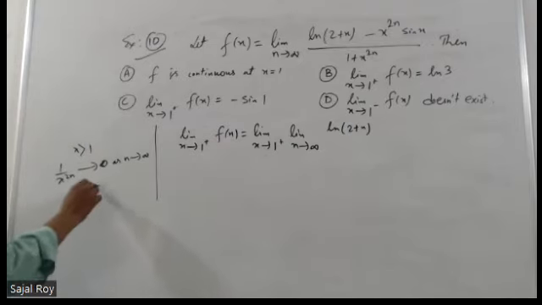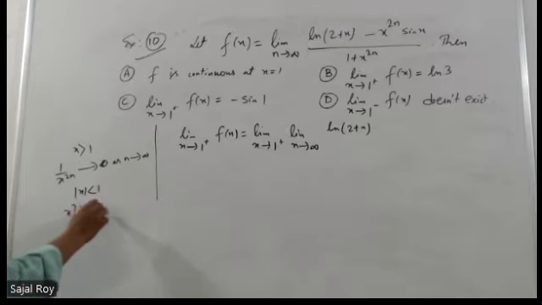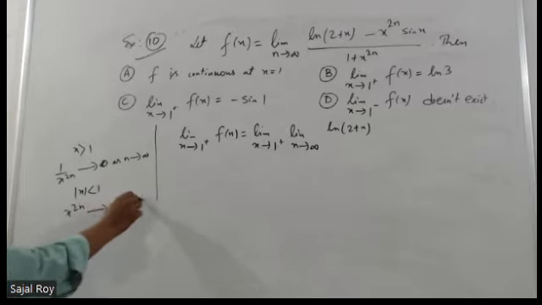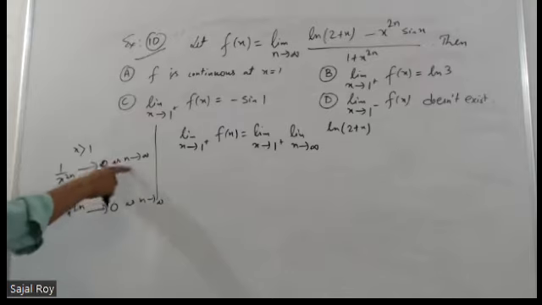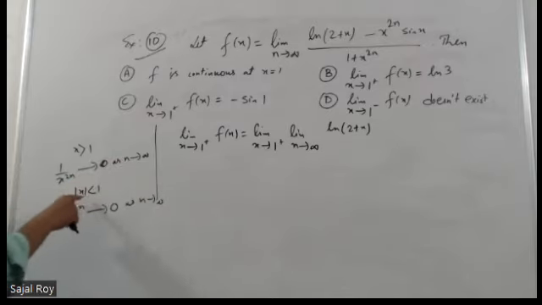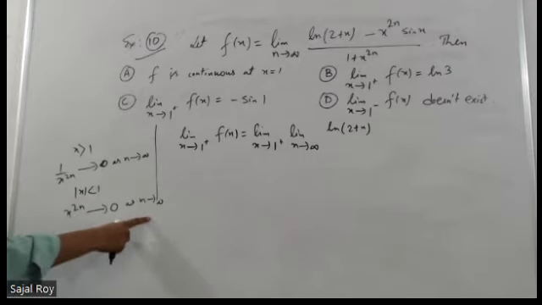And if mod x is less than 1, then x to the power 2n tends to 0 as n tends to infinity, right? Clear?